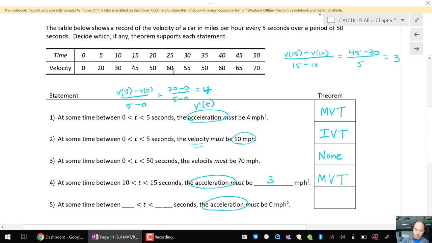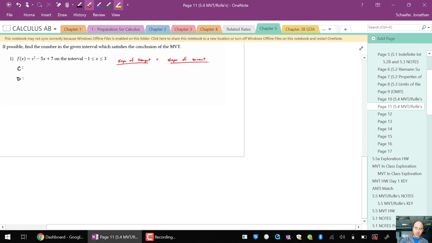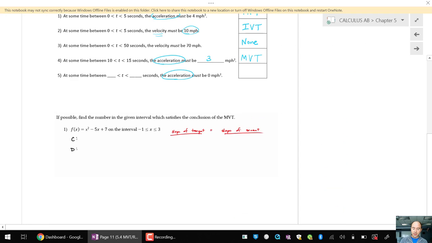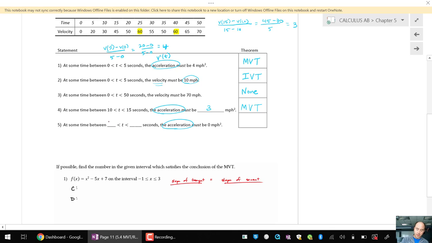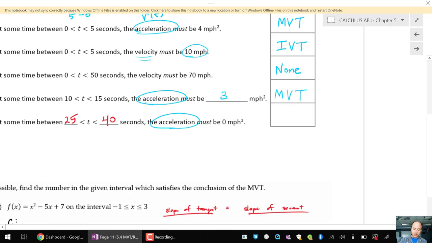I'll pick these two maybe right here where I see a 60 and then another 60. So between the time of 25 and 40 seconds, if I did an average rate of change, I would find out that the acceleration would be exactly 0. So I'll say 25 and 40 seconds. The acceleration must be 0.